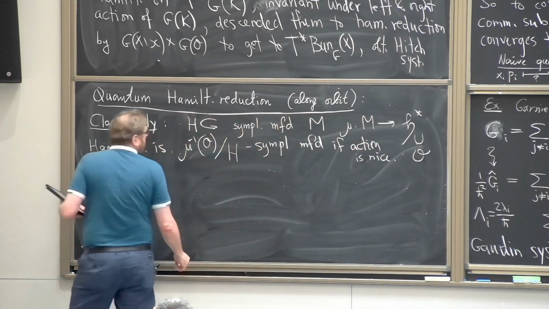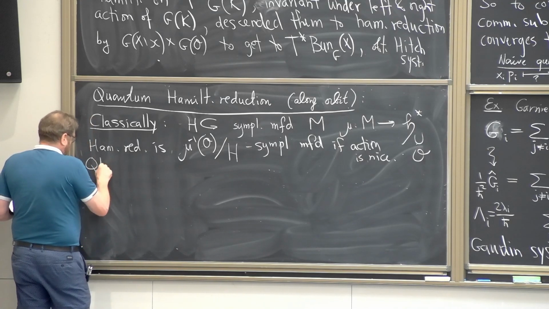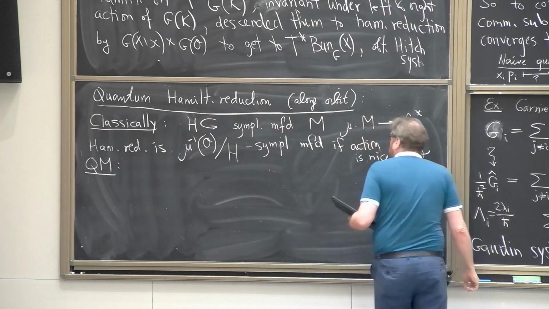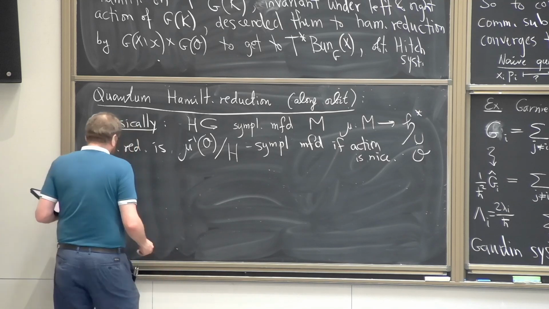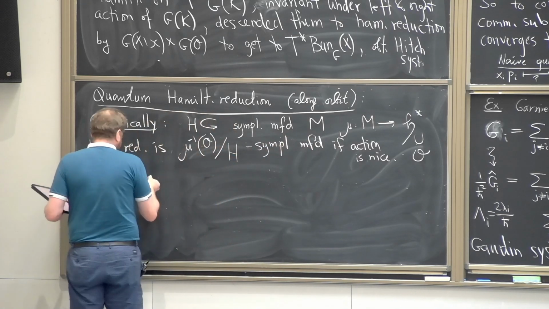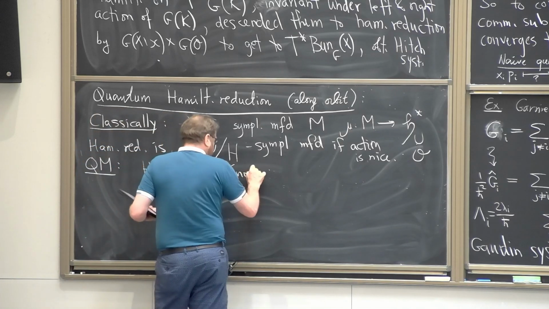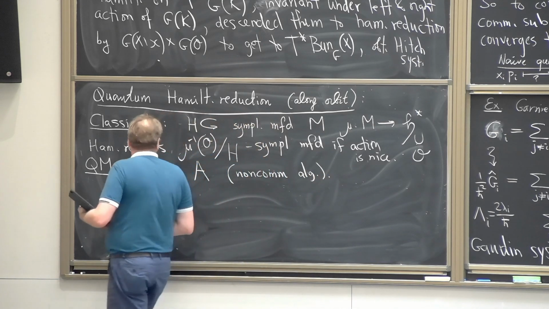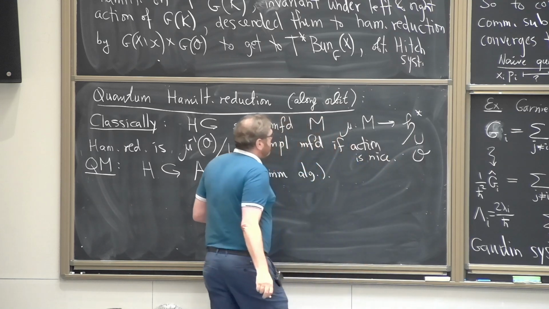So what should we do quantum mechanically? We should understand what are the quantum analogs of these things. So first, H should act on a quantization of this symplectic manifold. So this means H acts on some algebra A, which is a non-commutative algebra. And then we should generalize what the moment map is.